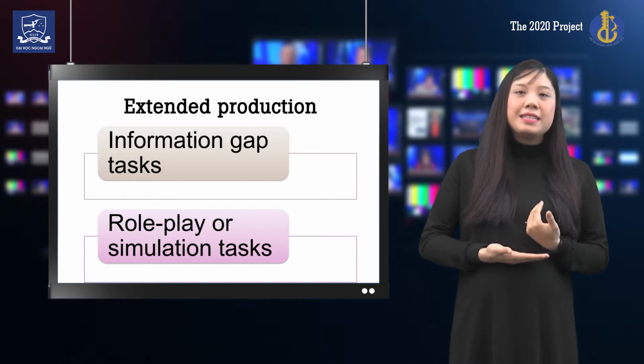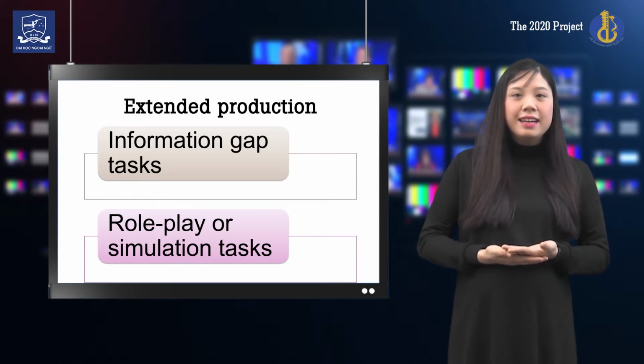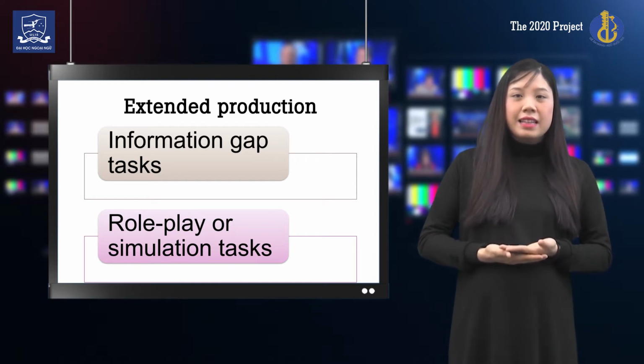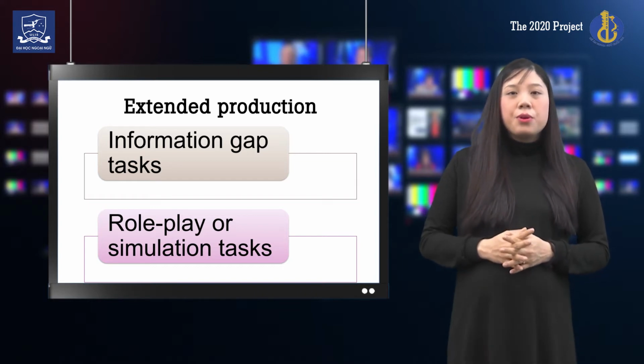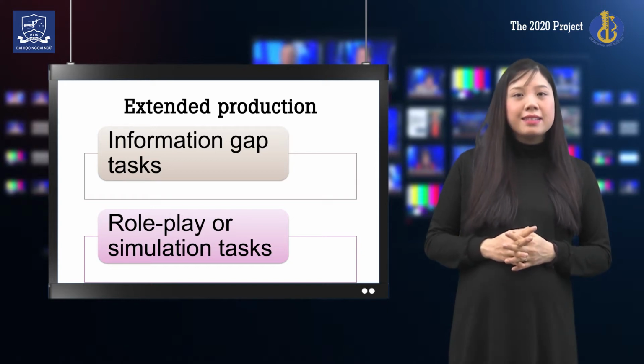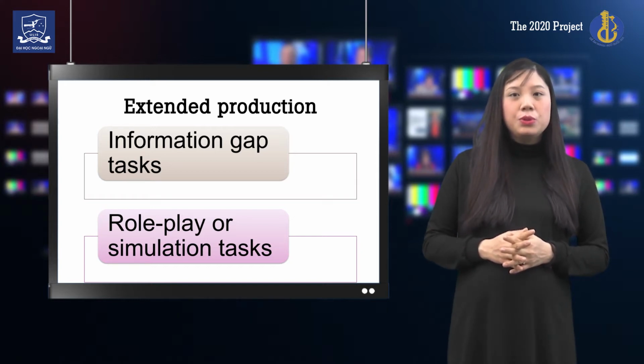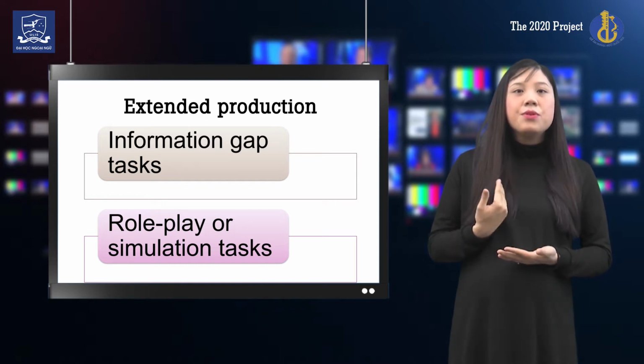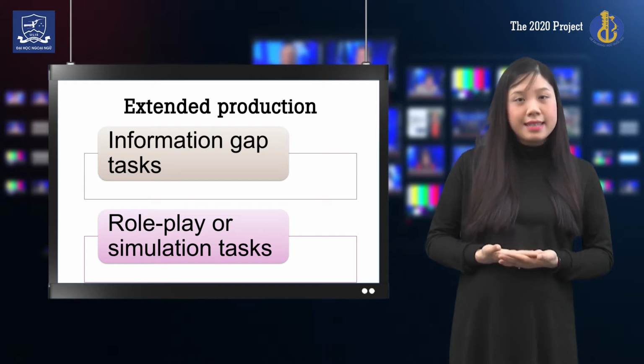When constructing the rating scale, the test designer needs to first define the grammatical ability that will be assessed and the levels of ability, both of which must be able to be explicitly described in the scoring rubric. In general, extended production tasks are divided into two types: information gap tasks and role-play or simulation tasks.